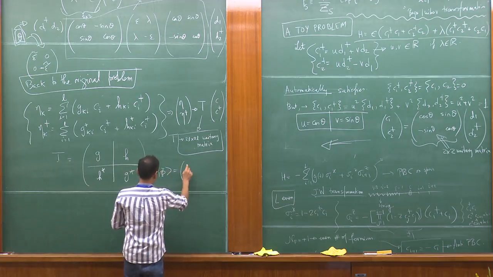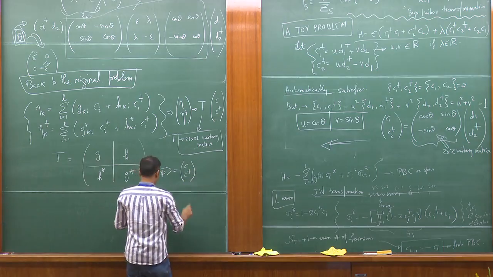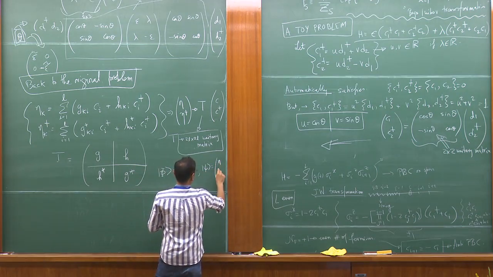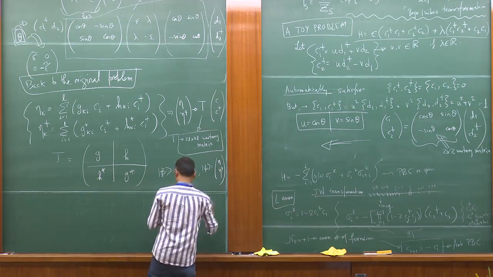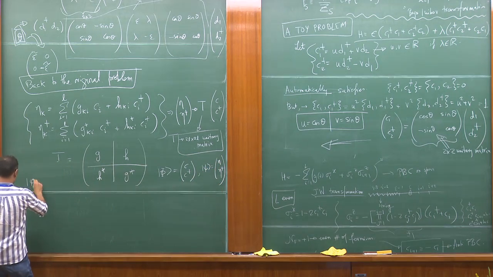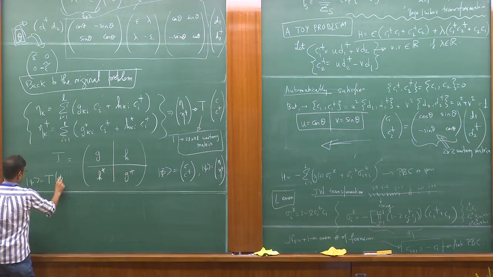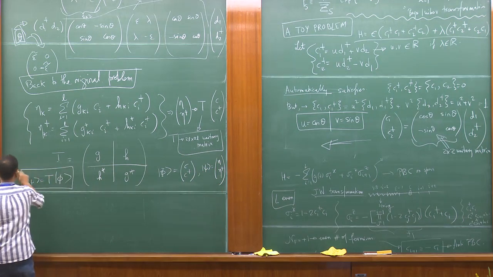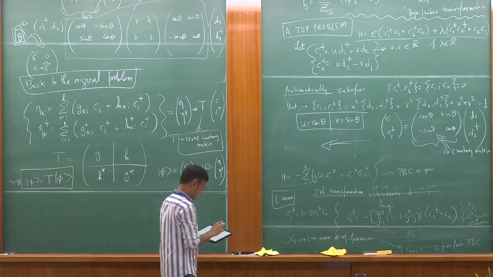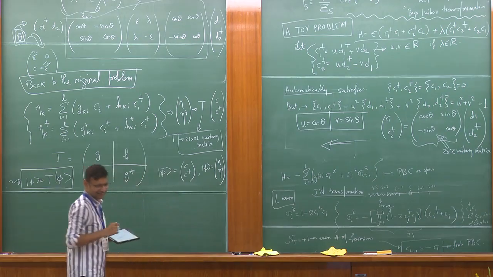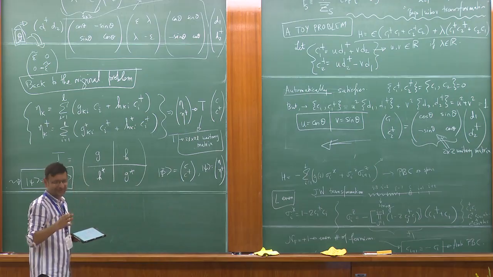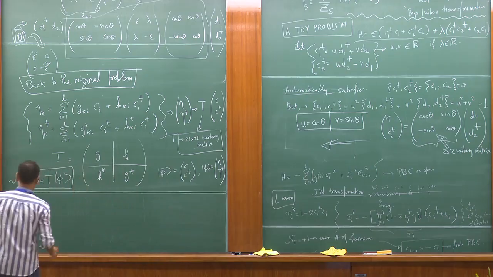I have a collective index for this, and I have a collective index for that. Okay, so the transformation now looks like psi is T phi. I'm just doing linear algebra, okay? But of course, I agree that maybe you have to go over these things once more to get everything clear in your head.